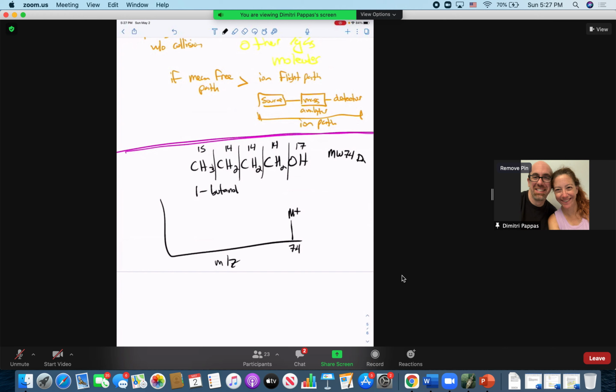So you might see a peak, for example, I'll draw a couple peaks here. You might see a peak at, let me do this math in my head. I don't want to screw this up. 59. Is that right? 59? I wrote 57, didn't I? Hold on a minute.